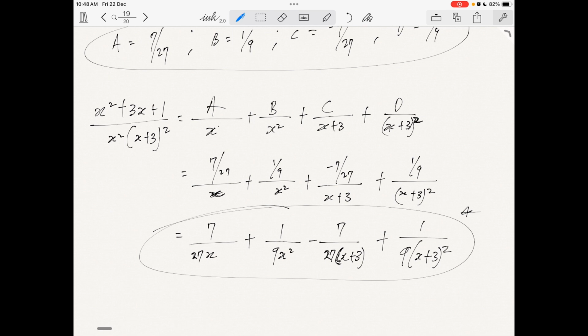Improper fractions occur when we wish to resolve into partial fractions in such a way that the degree of the numerator may be equal to or higher than the degree of the denominator. So in that case, we will first have to use the long division method to divide the numerator by the denominator before we resolve into partial fractions.